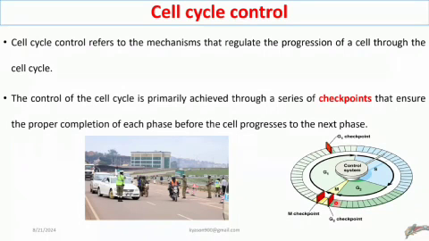If the cell that is yet to divide is abnormal in any way, if the DNA is mutated, that cell can't be allowed to continue with the cell cycle and divide. There are checkpoints that will prevent that cell from continuing into the M phase to divide. Okay, so those checkpoints, you can see them being named here.